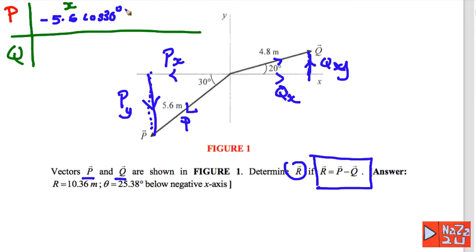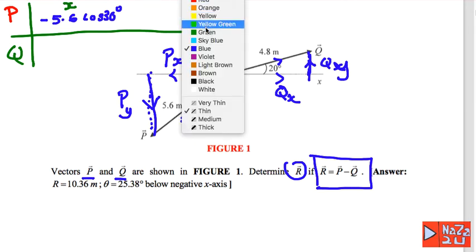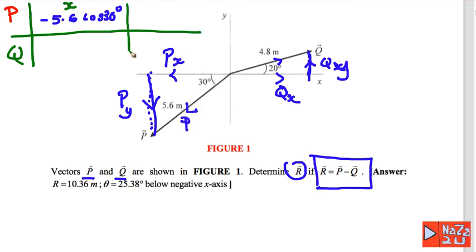Now this is for x and this is for y. For Py, direction downward, also negative 5.6, opposite, so use sine 30.